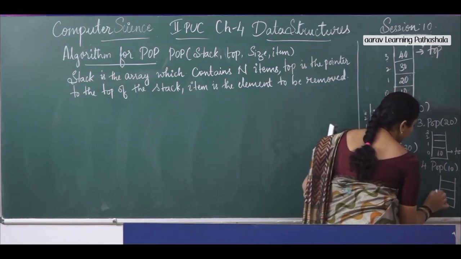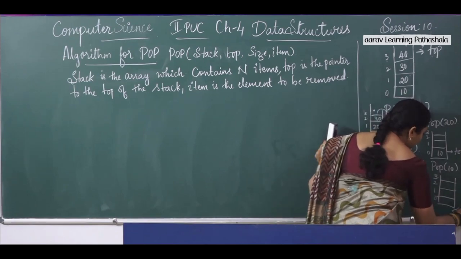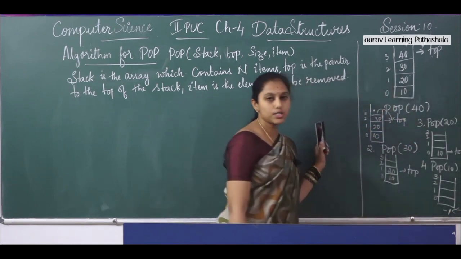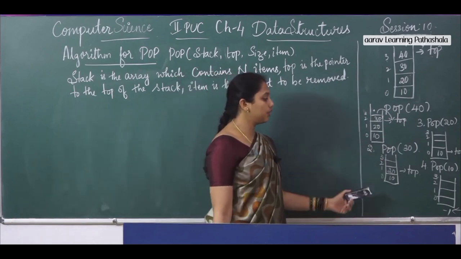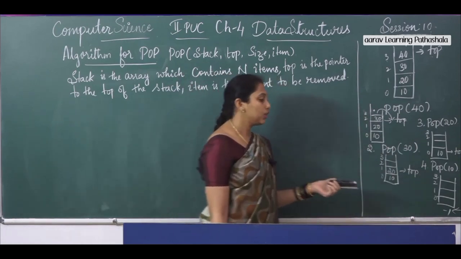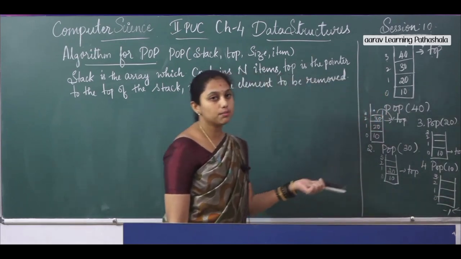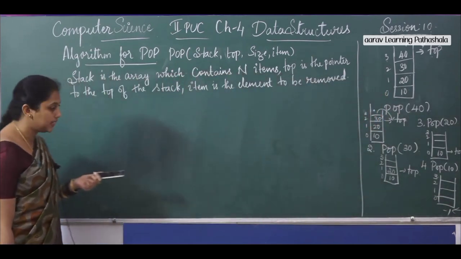Now the stack is empty. So the position of the top is -1. This is how we are performing pop operation on stack. If the condition of top is -1, we cannot remove any item from the stack.